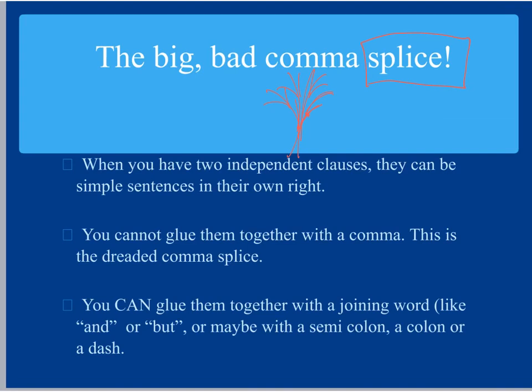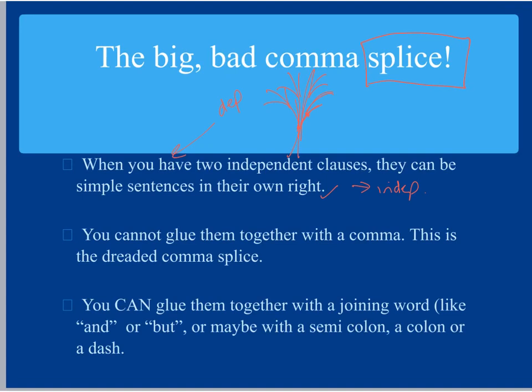Well, they can be simple sentences in their own right, would work as an independent clause. But if I said, when you have two independent clauses, you'd be waiting for more information. So that must be a dependent clause. And there's my independent clause.